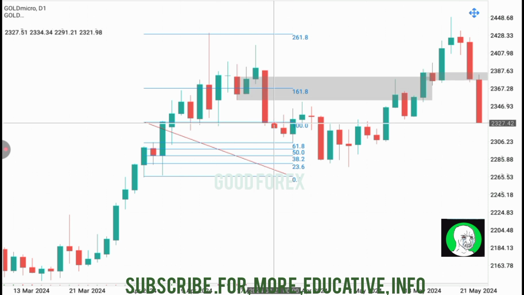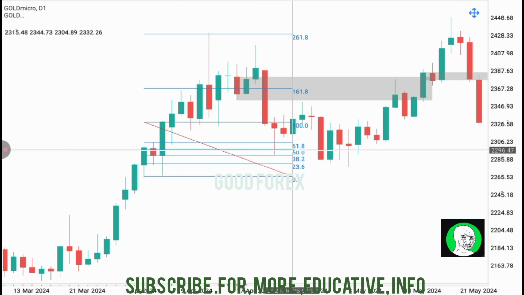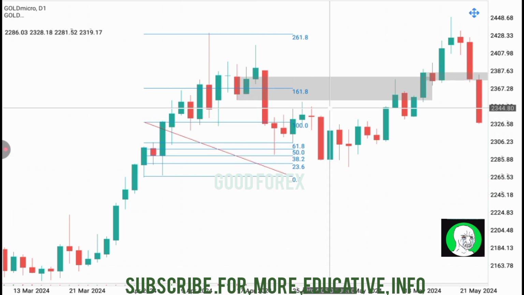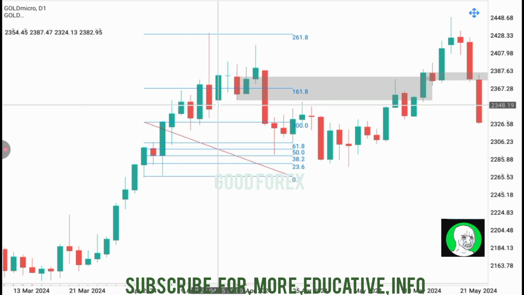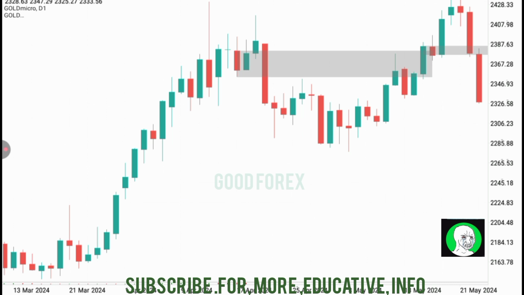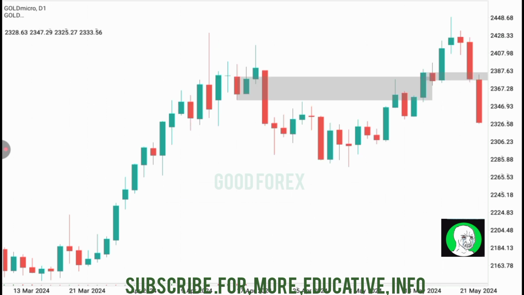So price came and disrespected it and then came back to this zone that was fresh, bought a little bit back here. I don't know if you will be able to see all this. Price dropped. There is something that happened here. Let me show you.